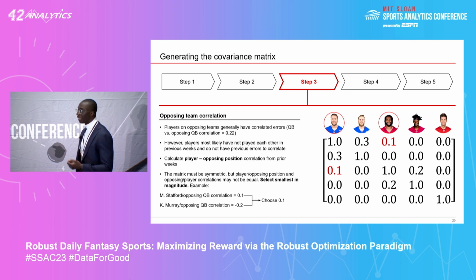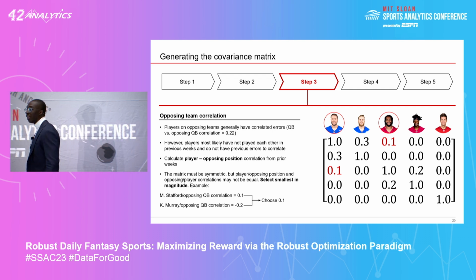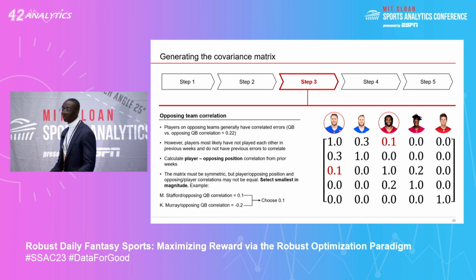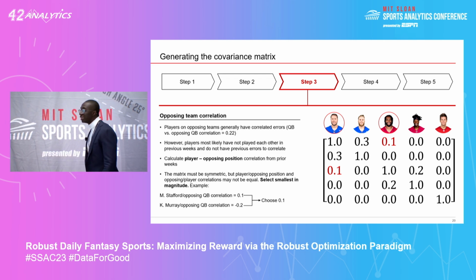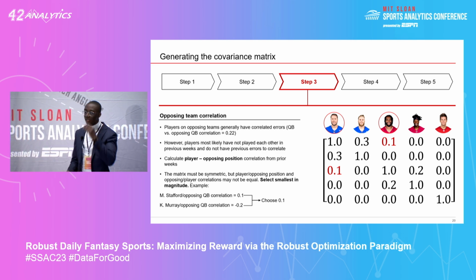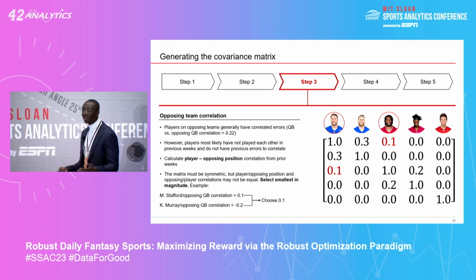However, the correlation between Matt Stafford and opposing QBs is almost assuredly not equal to the correlation between Kyler Murray and opposing QBs. And so to get around this, I just employ a pretty simple rule, which is that I'm just going to select the minimum correlation between the two, minimum in magnitude, because this is the value that I'm least sure about in this matrix, and so I just want to subdue its impact on the outcome.